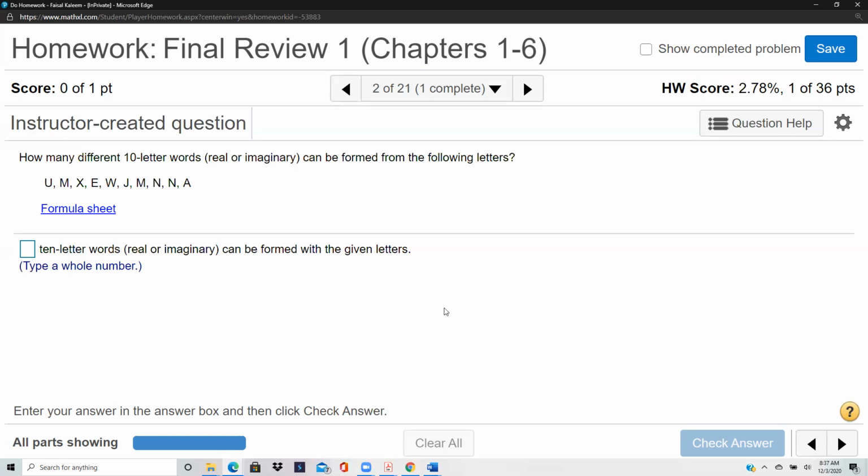Okay, so if these 10 letters were all different, then the answer would be 10 factorial. However, these are not all different, right? Right. So what repetitions do we see?